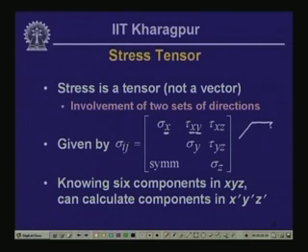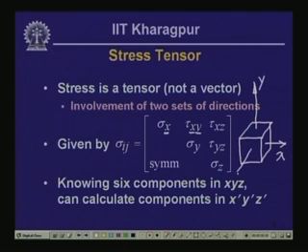Let us say you have got an infinitesimal element like this, and let us say the y coordinate system is aligned in this manner, the x coordinate system is aligned in this manner, and the z coordinate system is aligned in this manner.